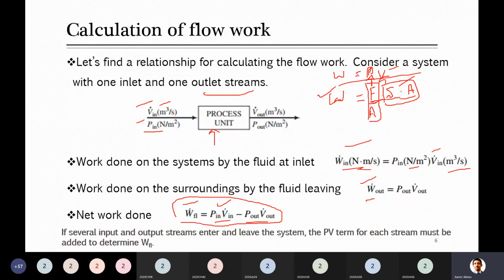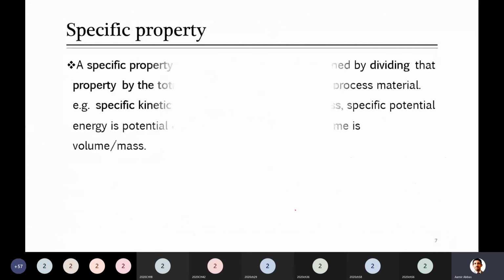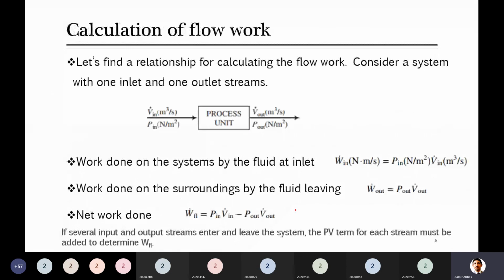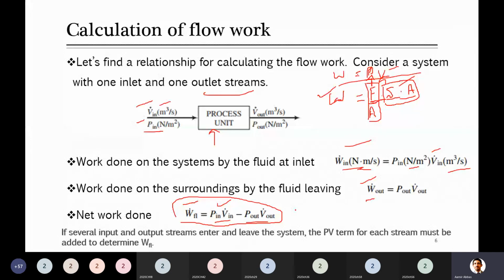If there is more than one stream getting in, because in is taken as positive work, that will be added inside this, and all those leaving out will be subtracted. So that's it. This is about work and overall work. As I said from the start, overall work consists of two terms: flow work plus shaft work.